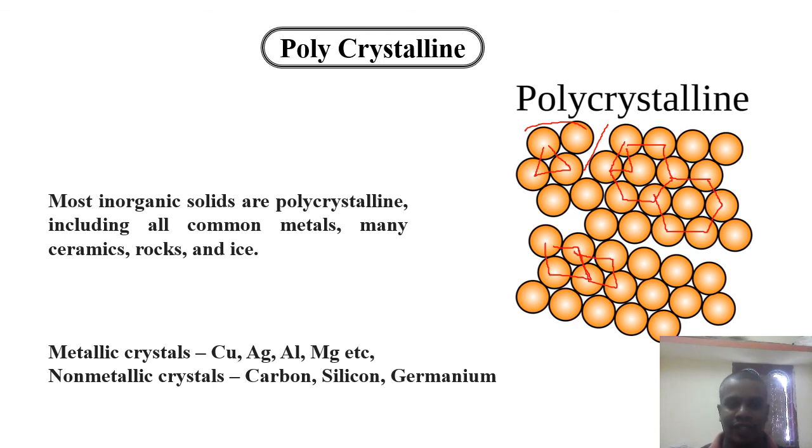Non-metallic crystalline examples: carbon, silicon, germanium. These are the two different types, and either can be single crystalline or polycrystalline. Anyway, we are not going to discuss that in depth.